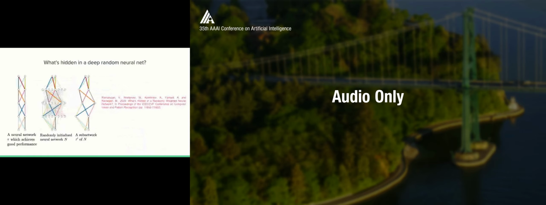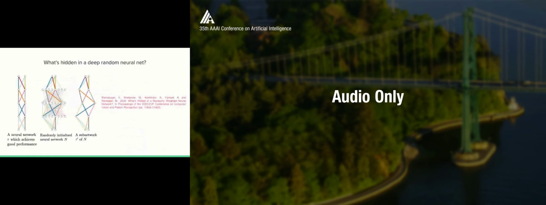The conjecture is that within a sufficiently over-parameterized neural network with random weights, there exists a subnetwork, like indicated in the picture, still with random weights, so even without training at all, that can achieve a good performance, even comparable and competitive, sometimes superior, to those achievable by a similar architecture with a comparable number of tunable parameters.